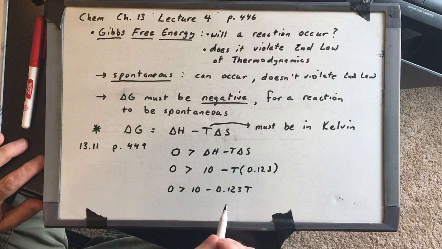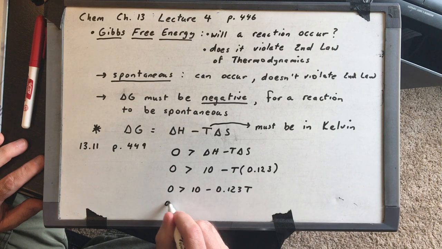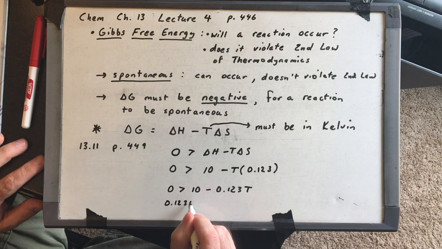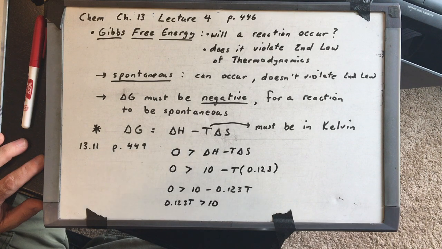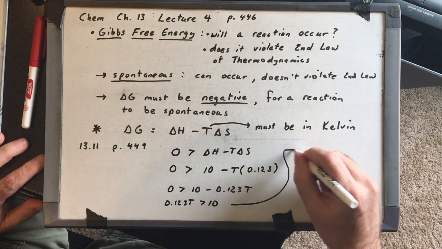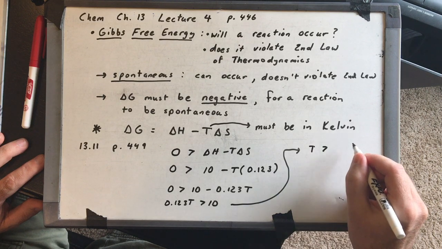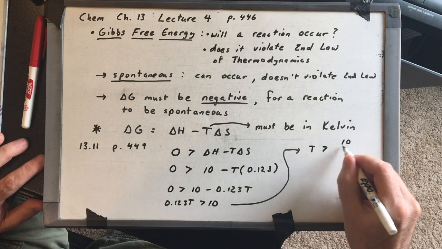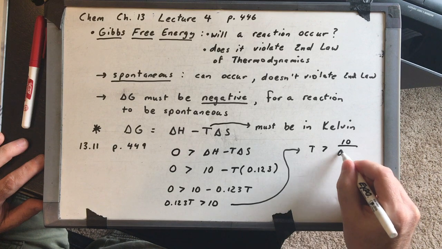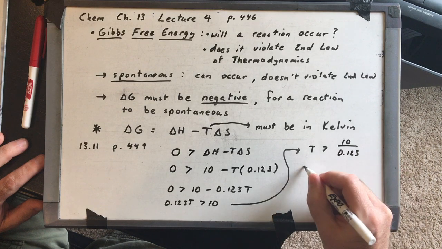I am going to add 0.123 T to both sides, so I'd have 0.123 T is greater than 10. Then T is going to be greater than 10 divided by 0.123.